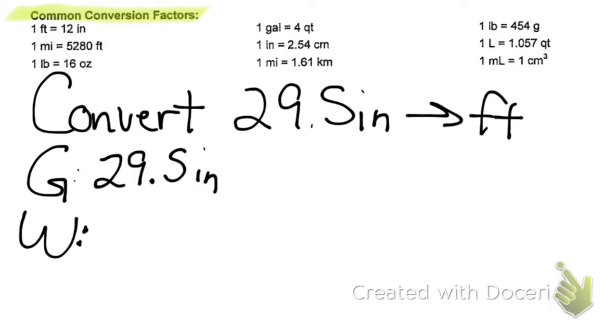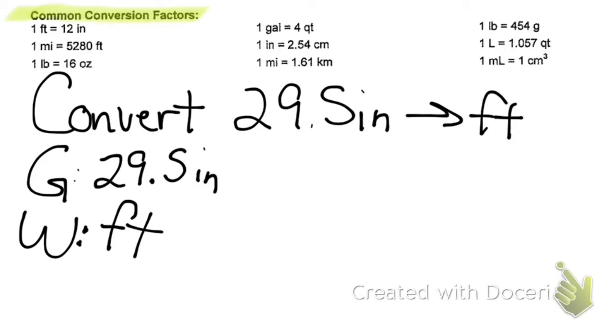We want to get to feet. If you're not sure, your given is going to have a number with it that only has 1 unit. What you want is just going to be a unit, because you don't have a number yet. If you've got more numbers than that, watch out. But those won't really show up for quite a while.